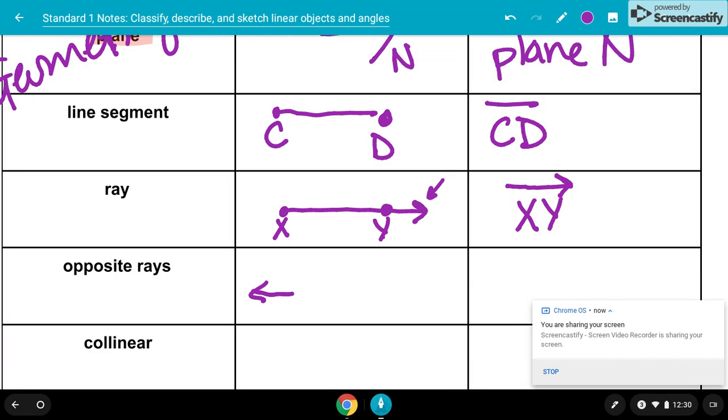Opposite rays are when you have a line, not a line segment.